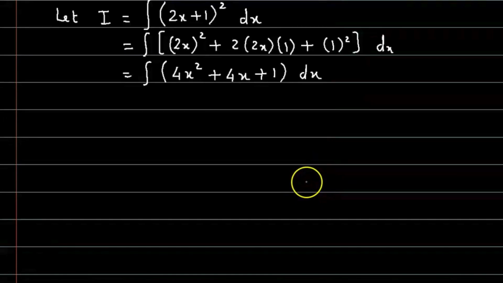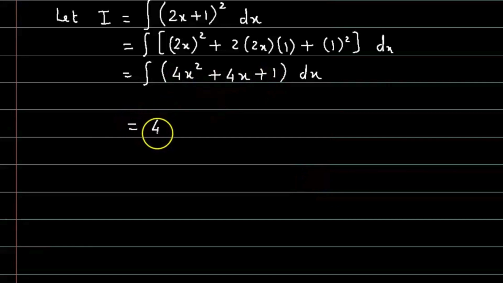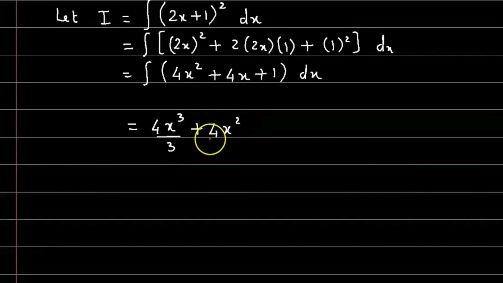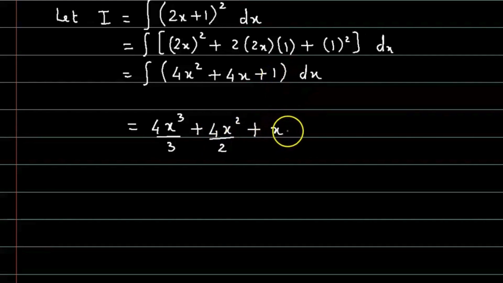And now we could easily integrate the three terms. So we have 4 times integration of x square is x cube by 3, plus 4 times integration of x is x square by 2, plus integration of 1 is 1 times x, so that is x, plus c.